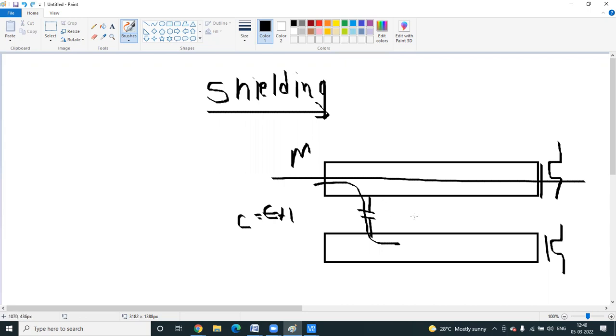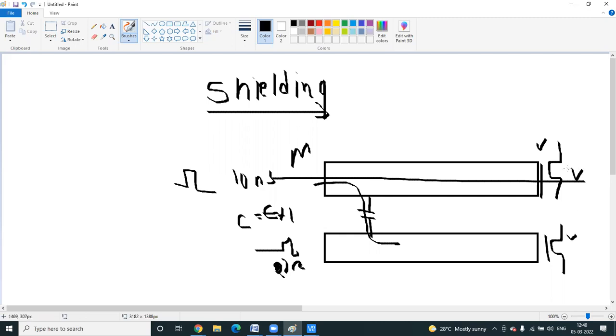And by this cap, what is happening? This device will be turned on at 10 nanosecond. This time period is 10 nanosecond, this time period is 20 nanosecond. Then this device will be turned on at 20 nanosecond.